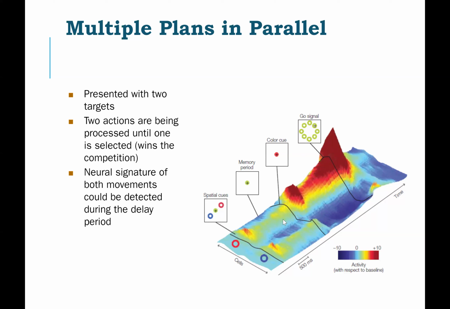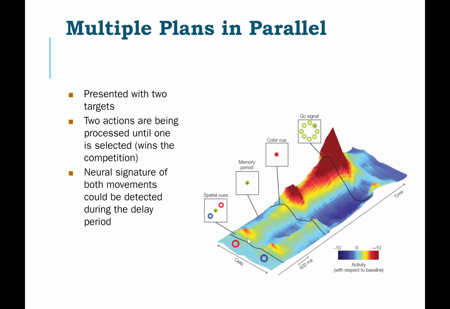And what you observe is that in this memory period, the animal is keeping both of these options alive. Now, this is in the parietal area, as far as I remember. Imagine this is in the parietal area, but I can confirm that later, where you have these different possible attention signals.